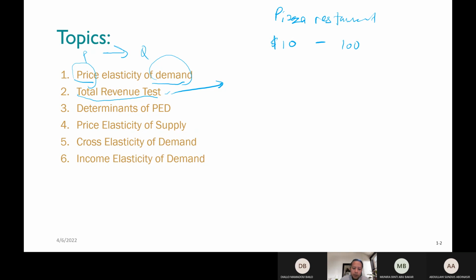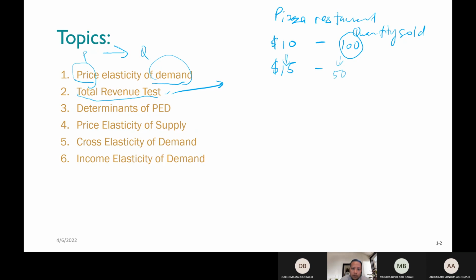Because perhaps the costs are increasing, you are considering increasing the price, let's say to 15. But the issue is whether you can retain the same quantity sold. Maybe if you raise it to 15, the number of pizzas sold is only 50.